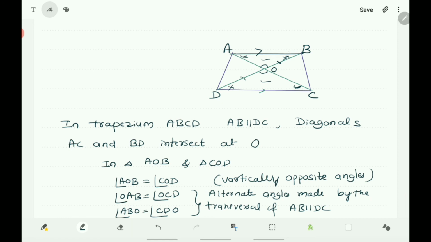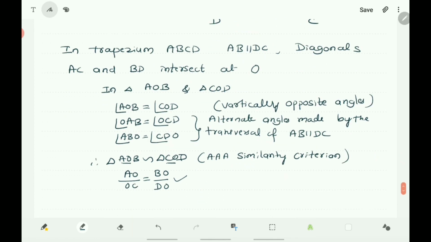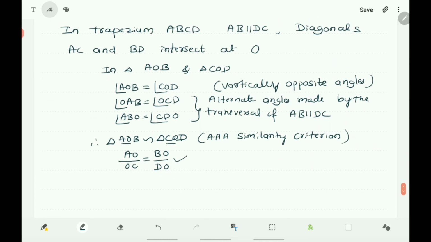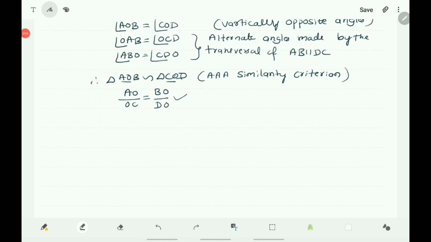The side opposite to this angle is AO, and the side opposite to this angle is CO. So you get AO by CO. After writing the triangle vertices in order, you can write the ratios of the corresponding sides easily. Triangle AOB similar to triangle COD means you can write AO by CO is equal to BO by OD. Here you get AO by OC is equal to BO by DO.